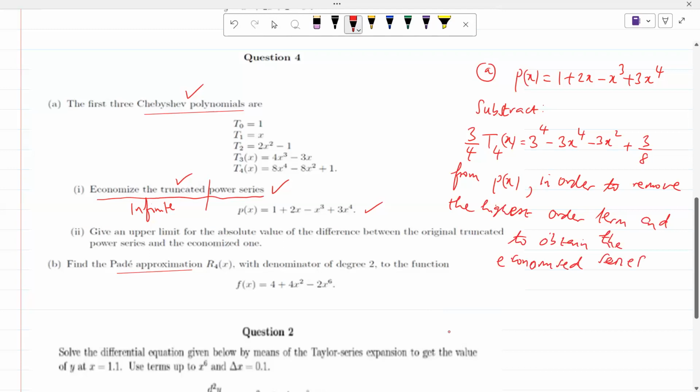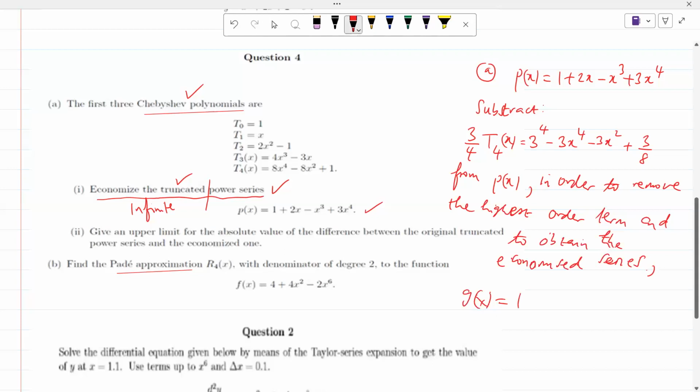So what does this mean for us? If you perform that subtraction, the economized series now is g of x. You have subtracted from p of x.